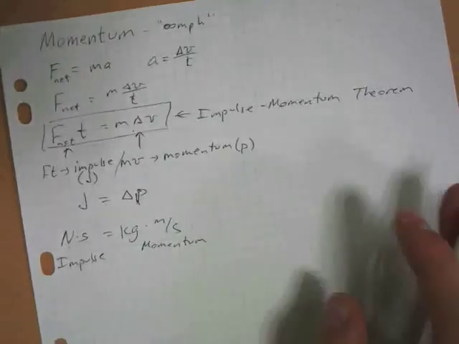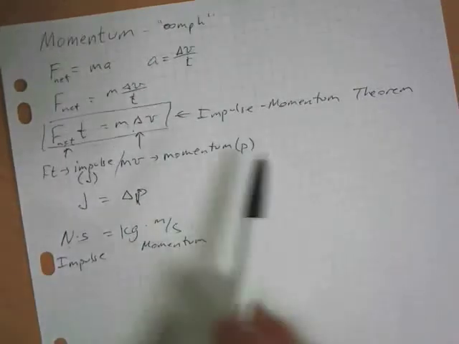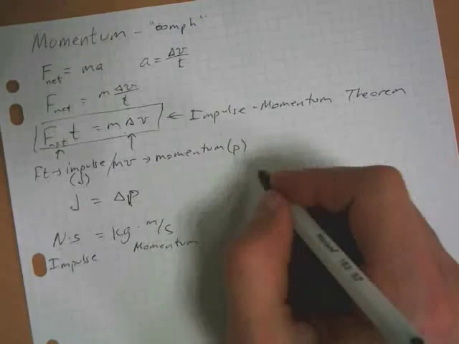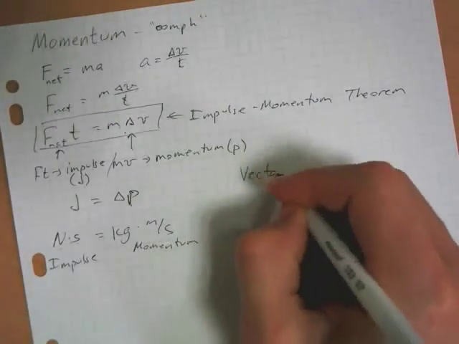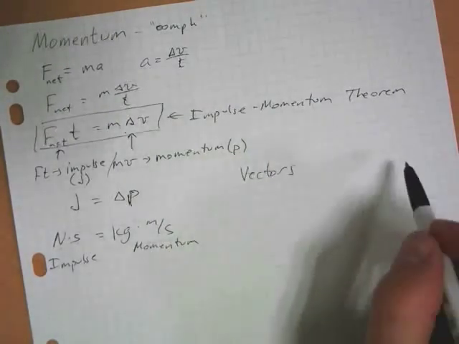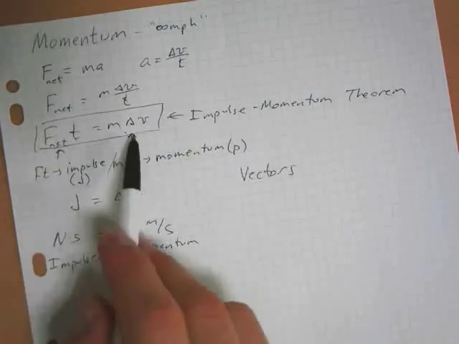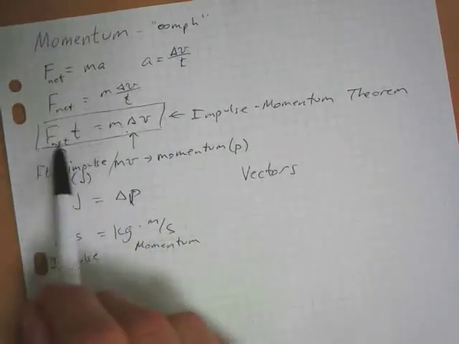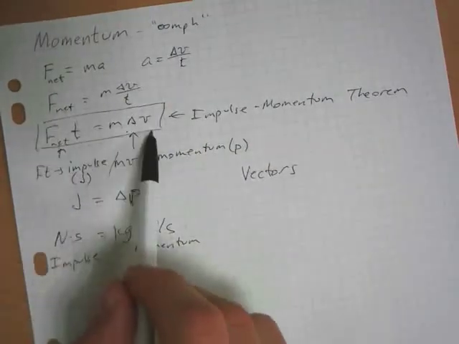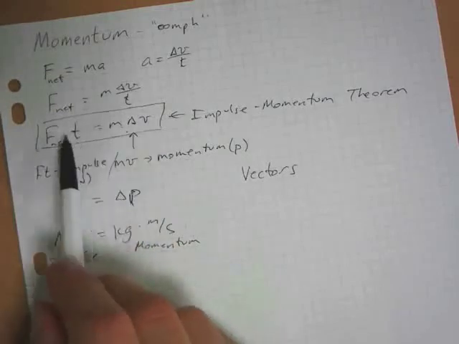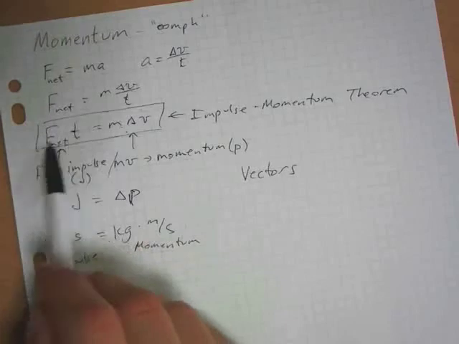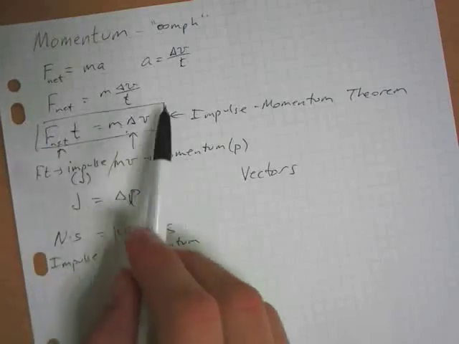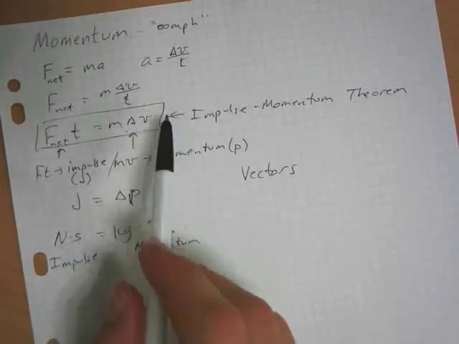Now this equation tells us, first off, that both impulse and momentum are vectors. And there's some conceptual stuff embedded in this equation, in that the longer a force is applied for, the more the momentum of an object changes.